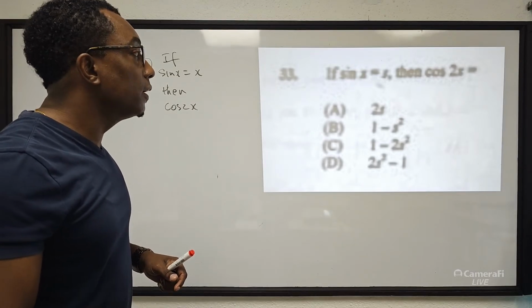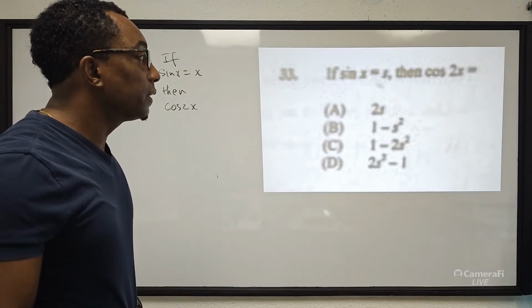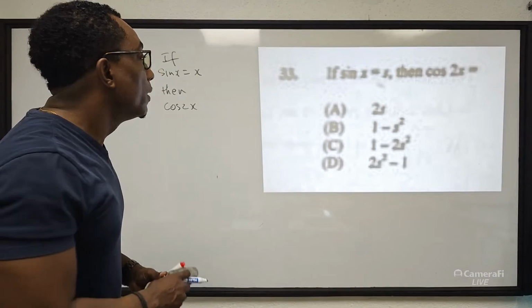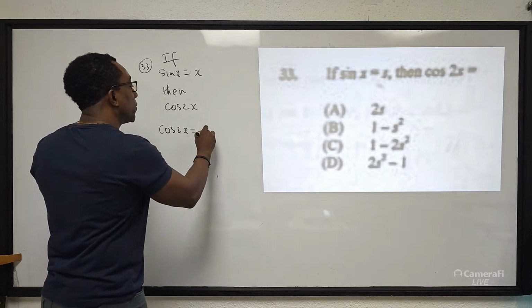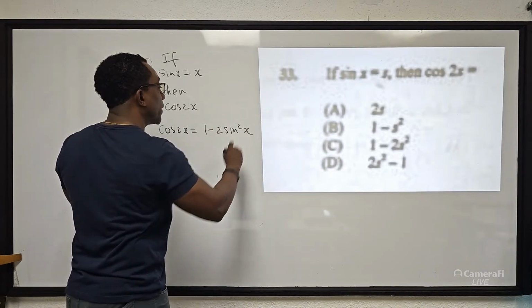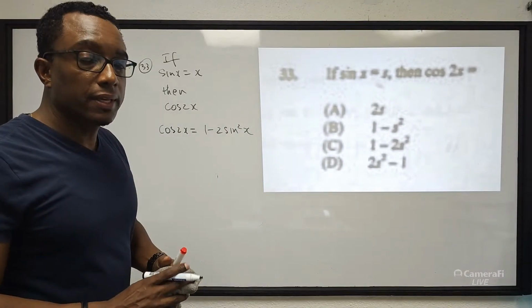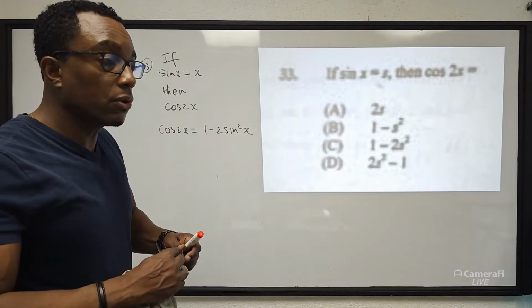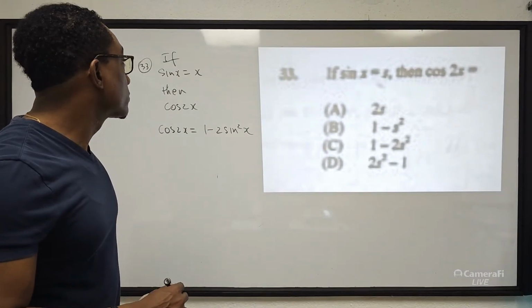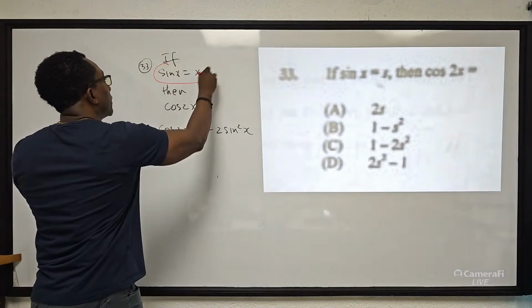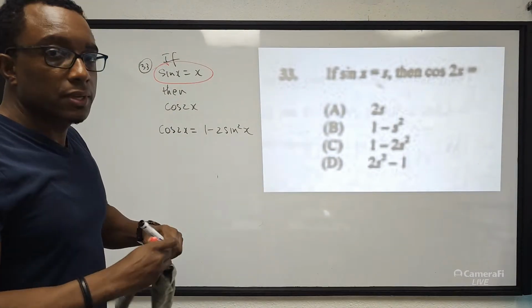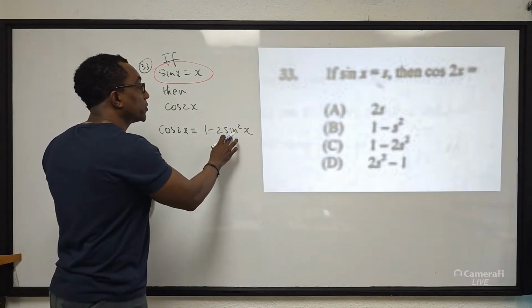To find the option shown, note we can use cos 2x equals 1 minus 2 sine squared x. That is one of the identities or representations for cos 2x. Because sine x is equal to x, where I see sine, I'm going to replace it with x.